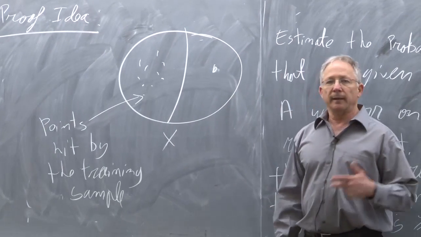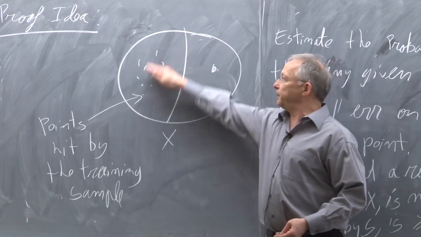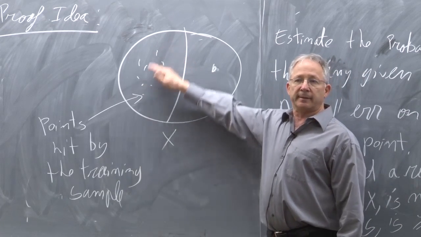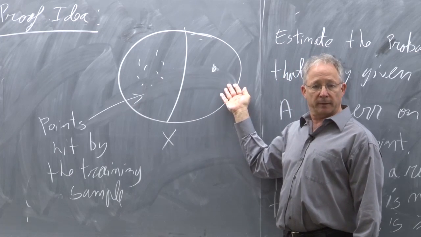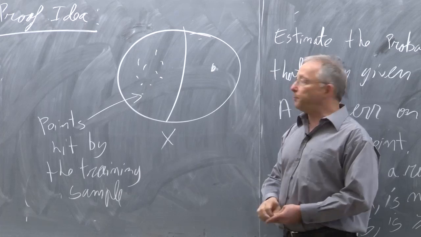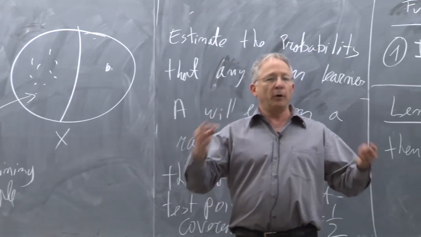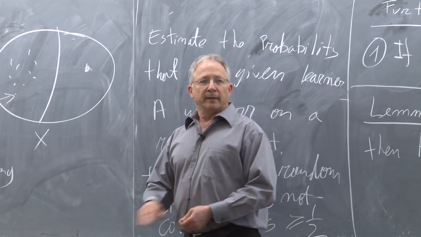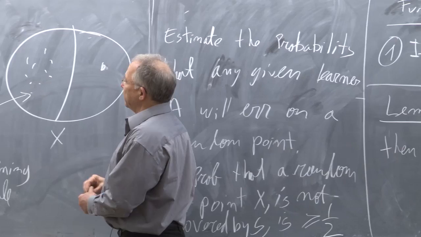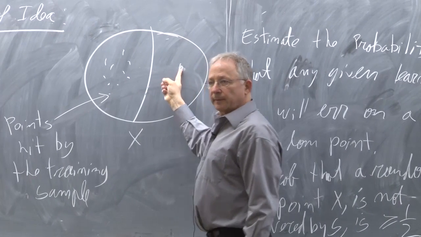I fix my learning algorithm. My learning algorithm has seen a sample here. The sample here was labeled in some way, and based on this, my algorithm predicts the behavior everywhere. But if there is a point here that I haven't seen, and the class H contains all possible functions, then there are many functions. So say A predicts some label for this point.